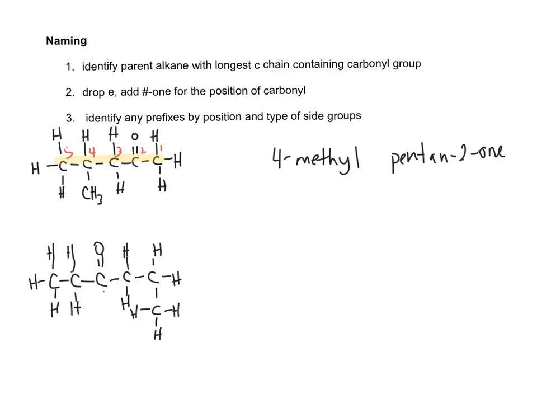Okay, so here we have another compound, and we're going to look for the longest carbon chain. So 3, 4, 5. Now, you might want to stop here, but don't. If there's a kink in the chain, keep going. As long as you don't lift your finger or your highlighter, that is part of your longest carbon chain.